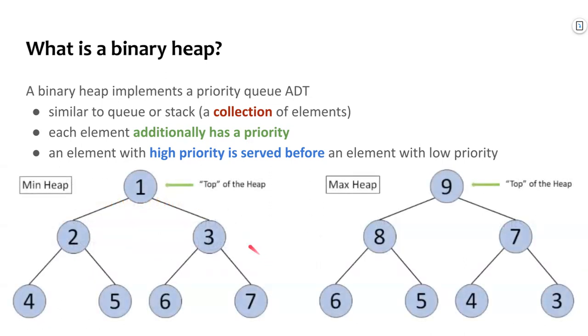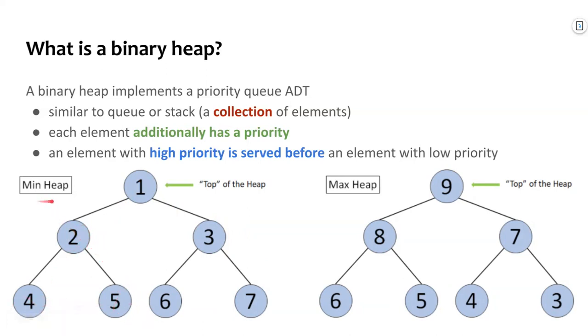So this is the picture. In the case of min heap, as I told you, the value of this node is no greater than the values of its children. So 2 and 3 are greater than 1. And 2 is smaller than its children, 4 and 5.